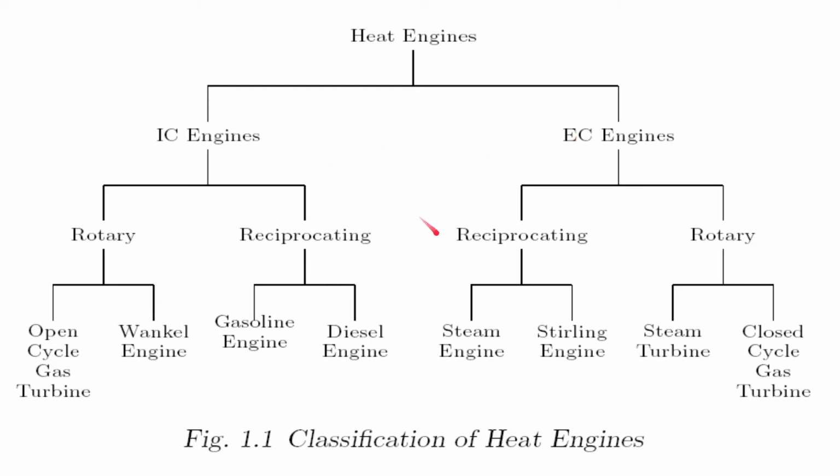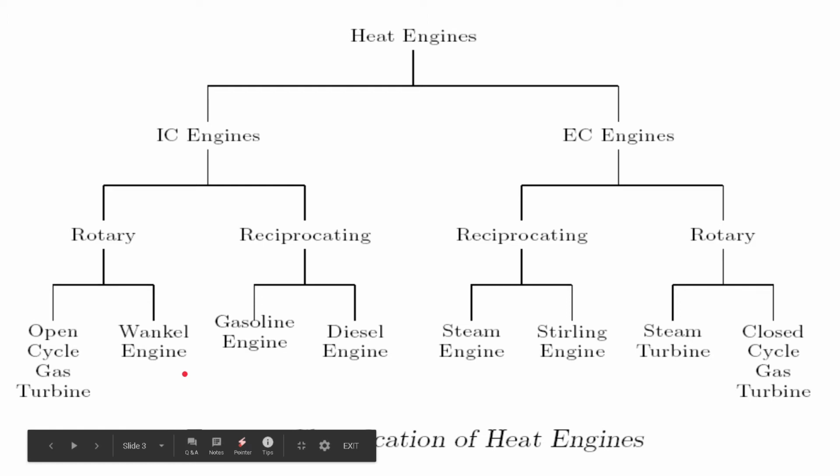And further they can be classified in many different ways, but the very common ones are the gasoline engine, which is the petrol engine, and the diesel engine, which are used in our cars. The steam engine and the steam turbine are used for power generation, and the steam turbine can also be used for aircraft and so on.